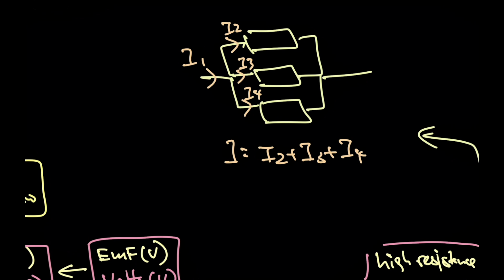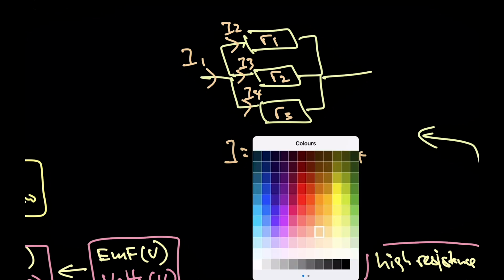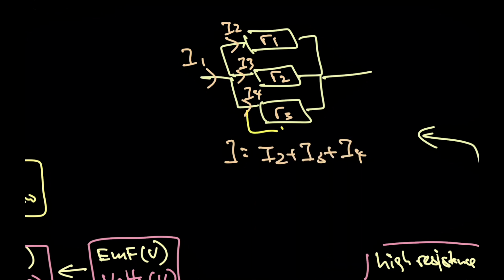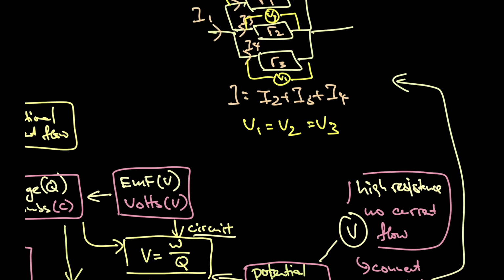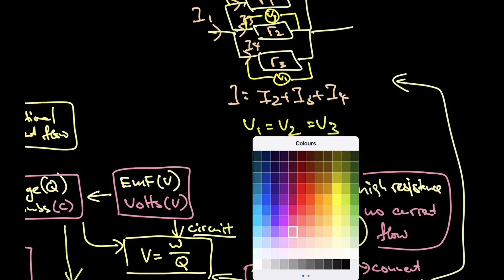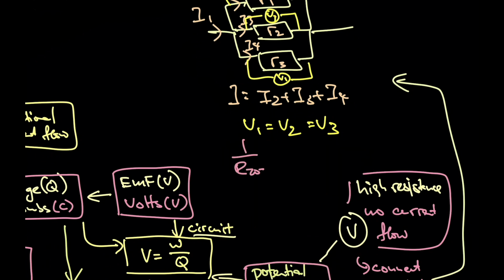But the potential difference across each of the resistors will be the same. If I were to connect a voltmeter here, V1, and this is V2, V1 will be equal to V2. If I draw another one here, V3, it will all be the same. But for total resistance, the equation is slightly more complicated: 1 over R total is equal to 1 over R1 plus 1 over R2 plus 1 over R3.